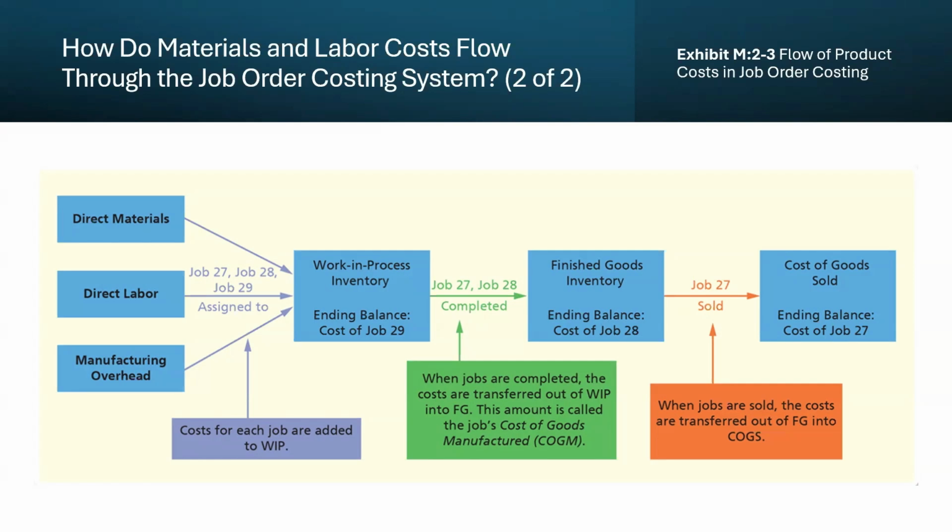The job cost record is initiated when work begins on a job. So in the case of Smart Touch Learning, the company incurs costs. Now, these are added to the job cost record, and they are recorded in the work in process inventory.